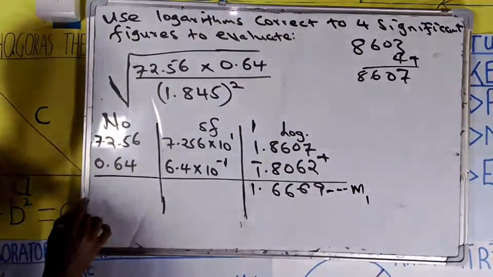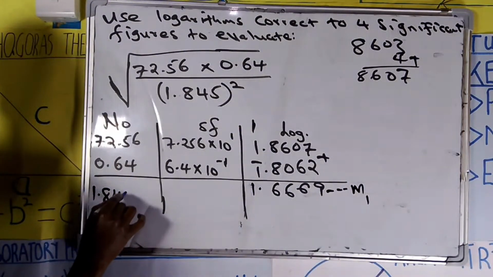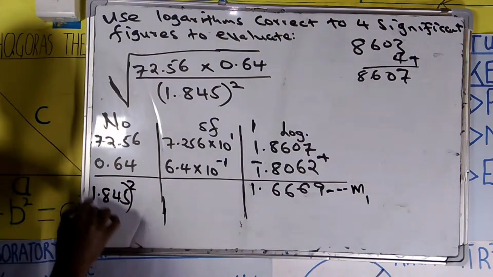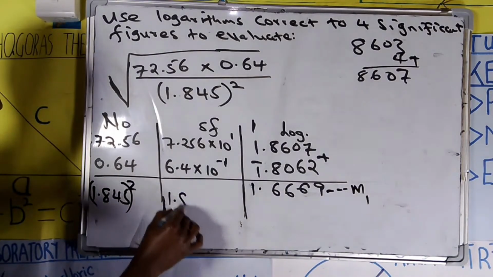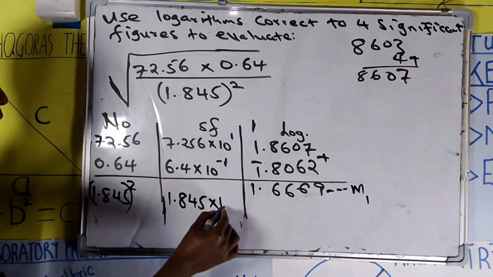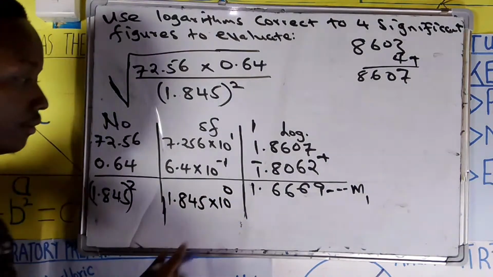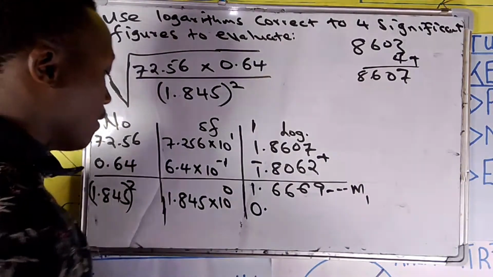Let's get to the denominator, 1.845 squared. This number in standard form will be 1.845 times 10 to power 0. So this one will be 0 point.